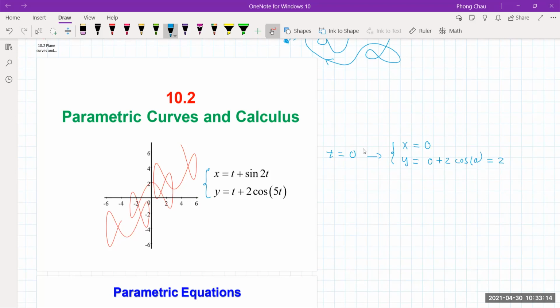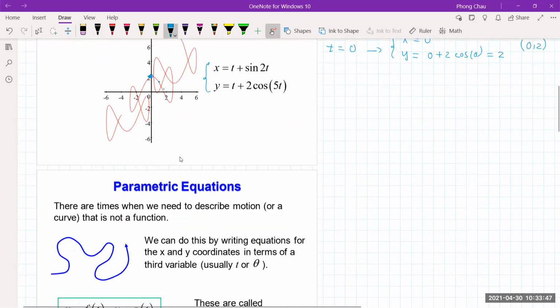So if t equals 0, then x is 0 and y is 2. So we locate the point (0, 2), which is there. And then so on, you plug in t equals 1 and t equals 2, find the locations of those points, and you end up with a motion, right?